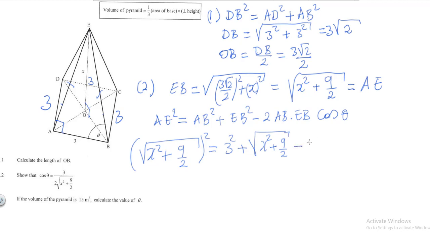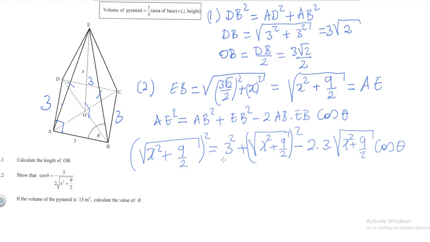Then we have a minus 2 times AB, which is 3, I believe so. And then EB will be the square root of x squared plus 9 over 2, and a cos theta. Now look at this side where we put squared.